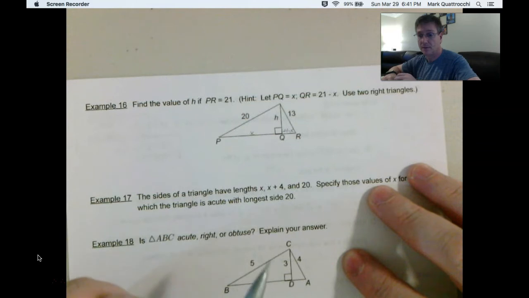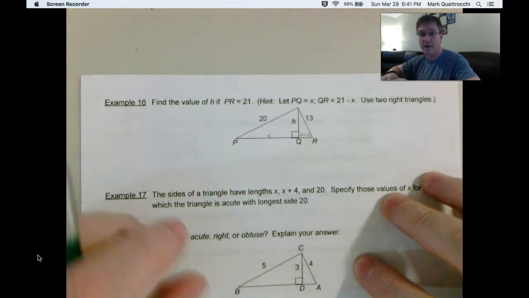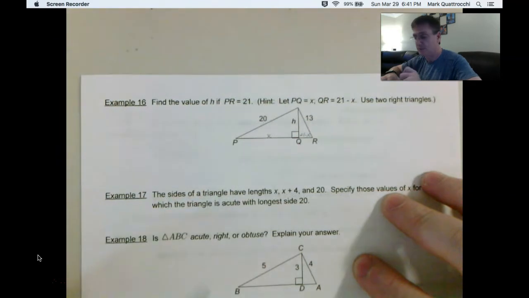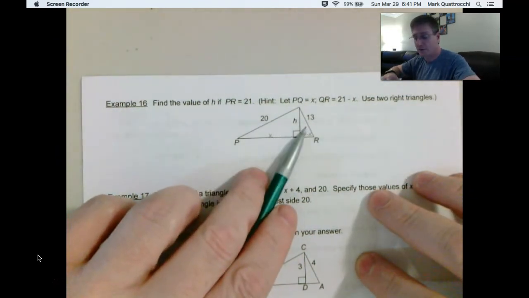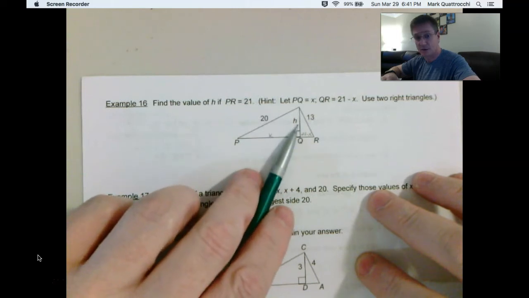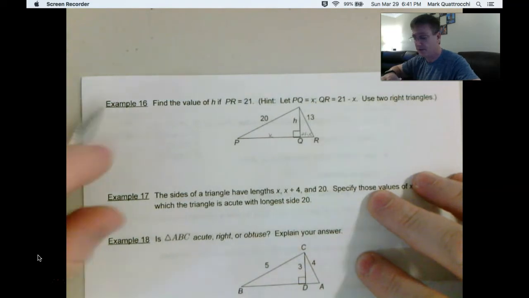So what we're going to learn later on, which is the geometric mean, does not apply to this particular problem. So instead, we're going to have to set up two Pythagorean theorems, and we're going to have to set them equal to each other to find the value of x and h. h is our final goal to find the value of.